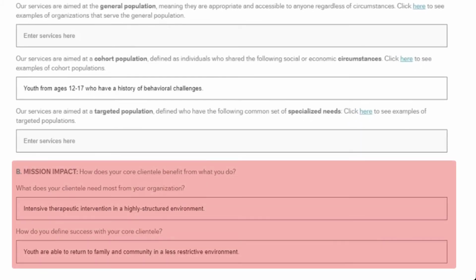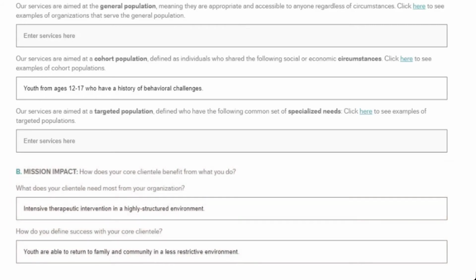For mission impact, it's really a way of saying how does your clientele benefit from what you do? And we ask two questions to get at that. The first one is what does your clientele need most from your organization? Recognizing that a lot of people that we serve need lots of other things, but our mission focus is on one aspect of that.